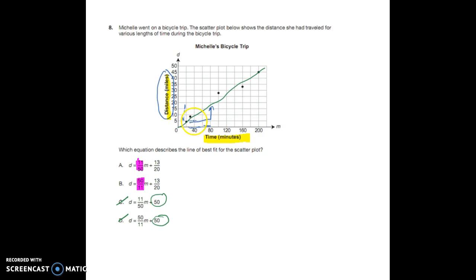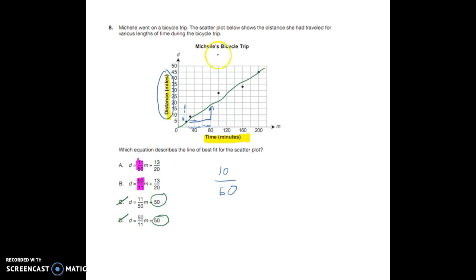So in this case, if I look at, I don't know, 3 boxes to the right and 2 boxes up as kind of a ballpark figure, this tells me that I'm going to go 10 miles in 20, 40, 60 minutes.